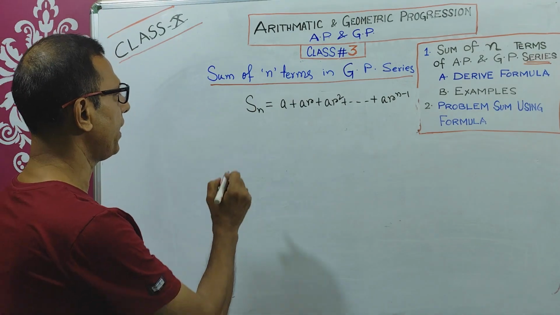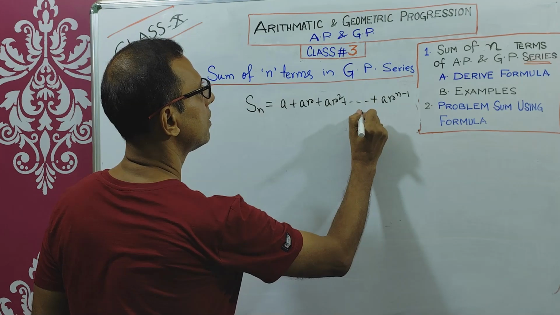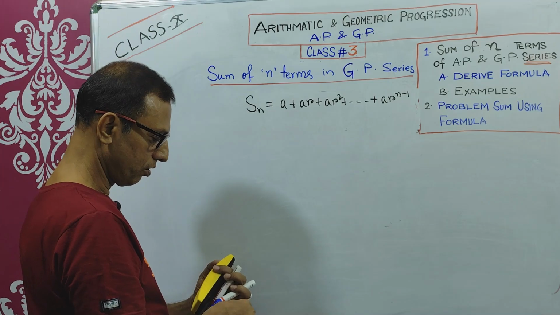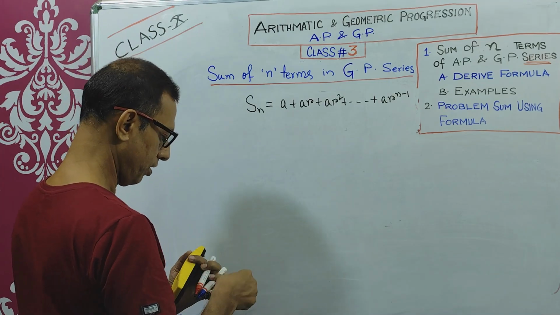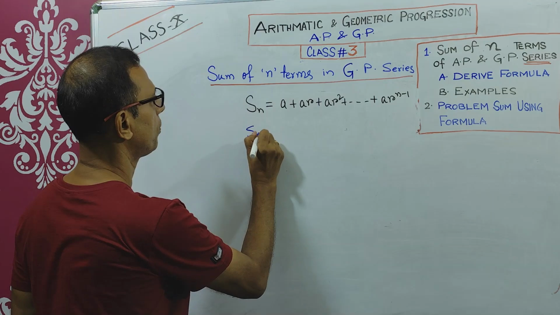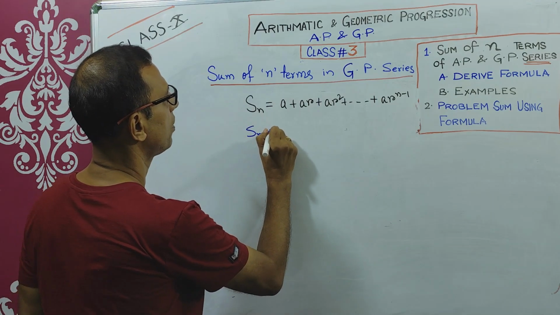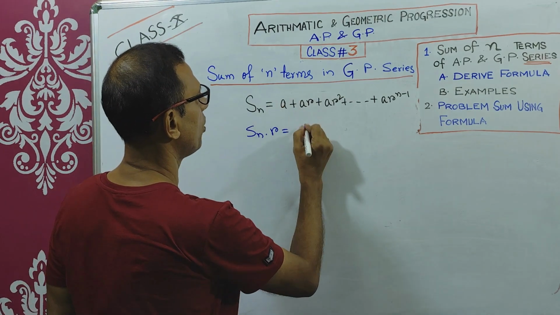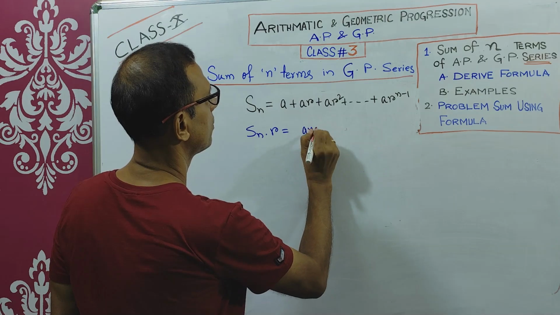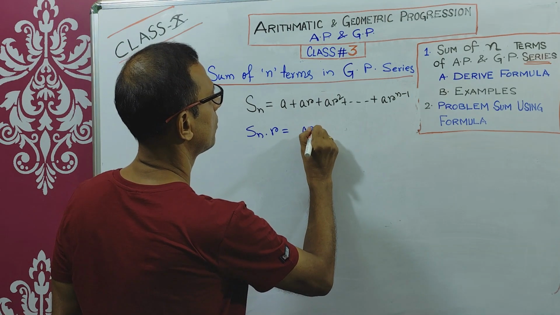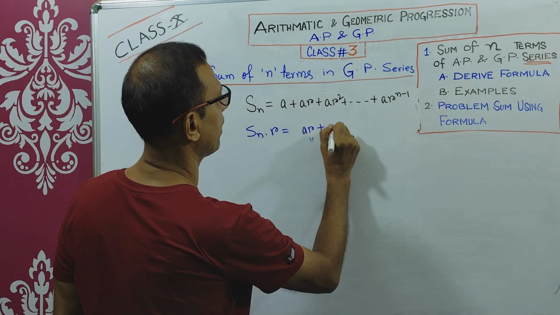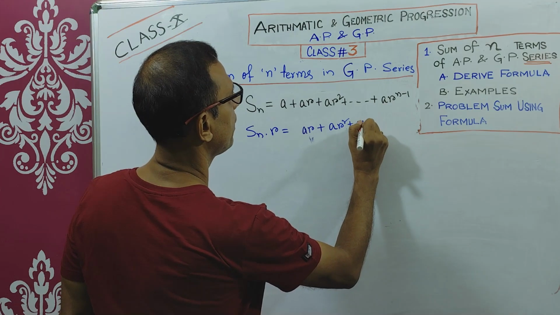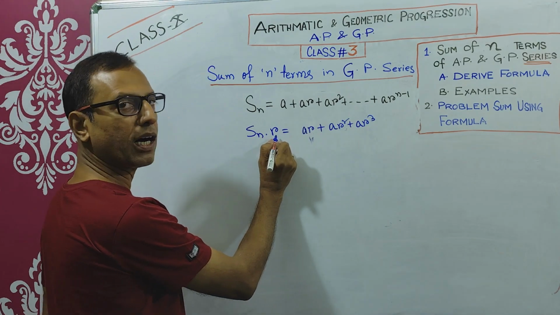Now if I multiply this with r, right? So what will be the value? It is r into Sn, Sn into r equals to, first term will be ar, second term will be ar square, third term will be ar cube, because you are multiplying with r, the common ratio.